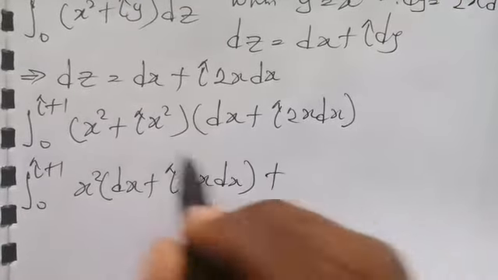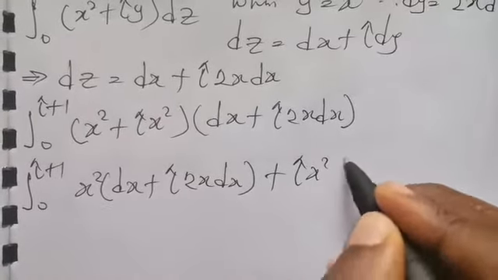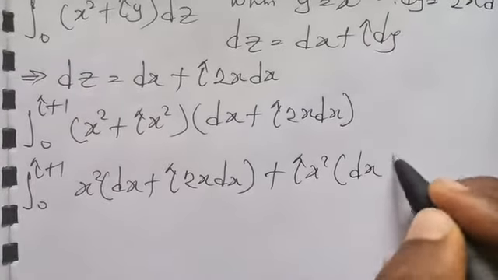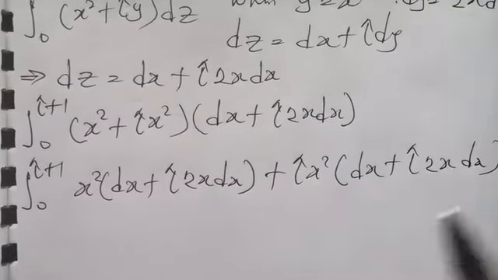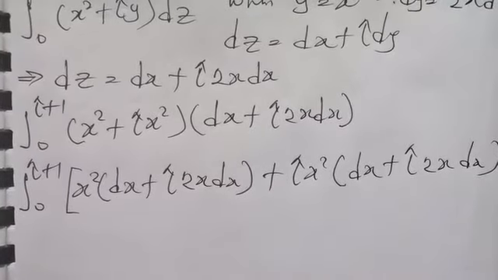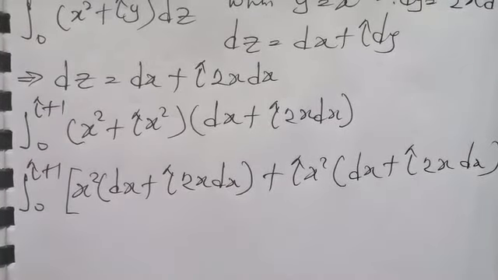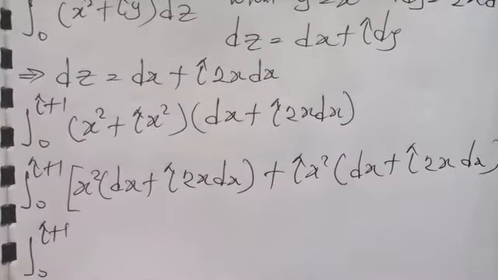Plus, I will use i x squared to expand this bracket: i x squared multiplies dx plus i 2x dx. You see that this automatically changes everything to be in terms of x, so I can easily integrate that integral with respect to x. So let's expand now. Integral from 0 to i plus 1.